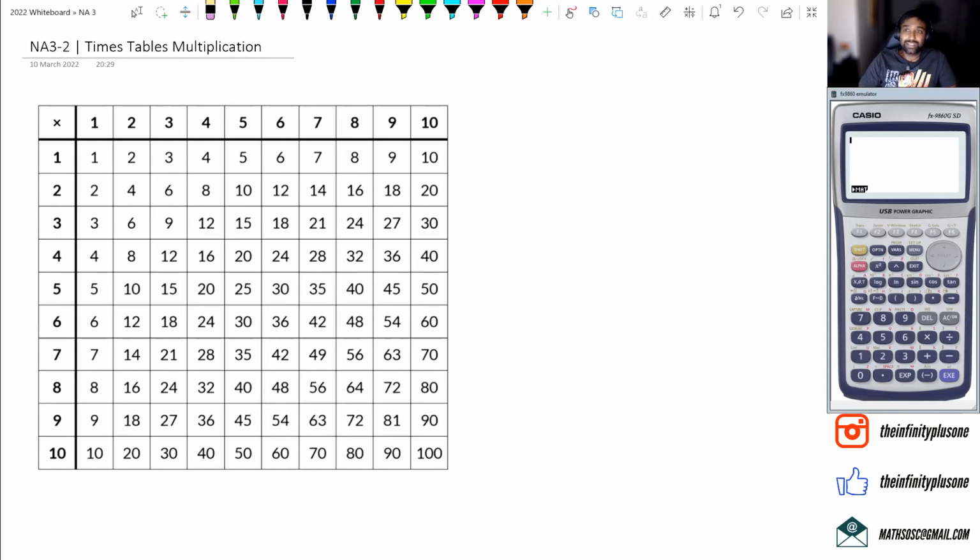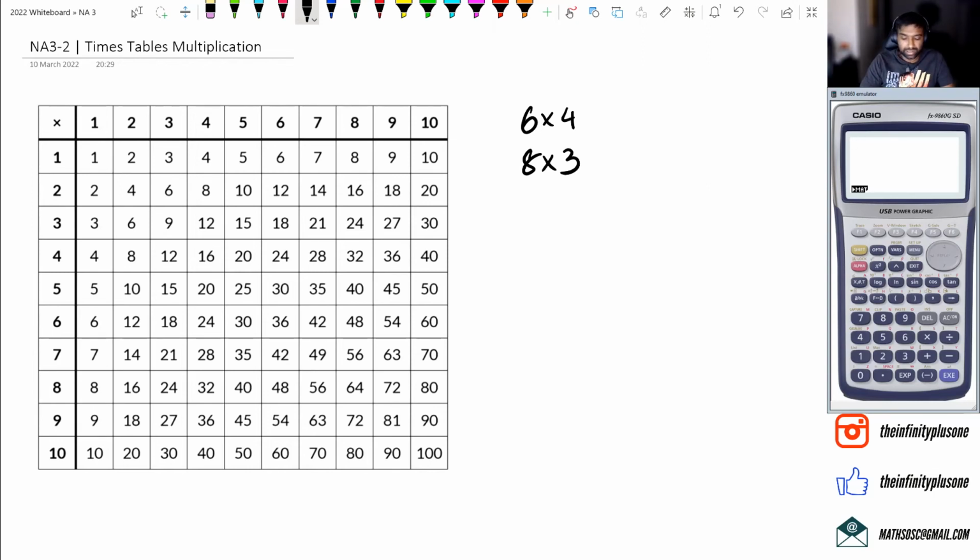But all I can tell you is, say for example, I say 24. You've got to tell me all the numbers that can potentially multiply to 24. Okay, we're not going to do the 12 times table or the 24 one, so we're just going to go straight to 6 times 4 is 24, or 8 times 3 is 24.